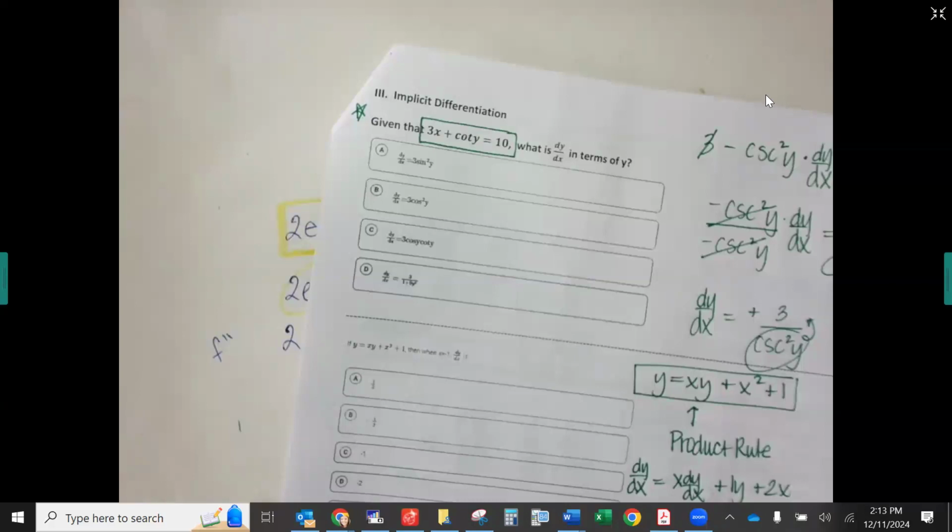These are randoms. Bring your notes. The other things look like this.